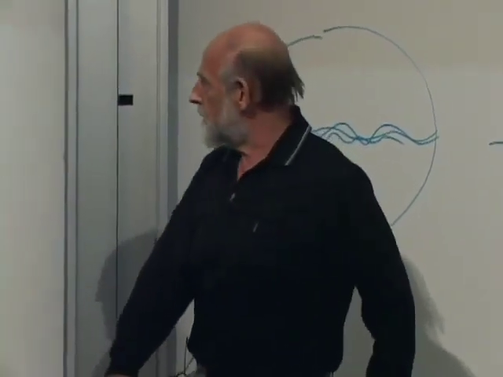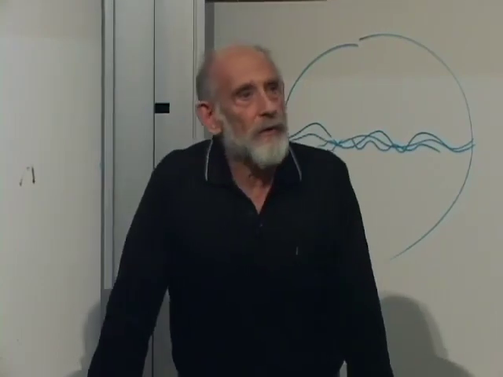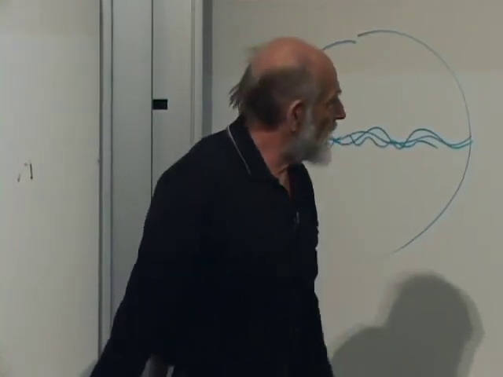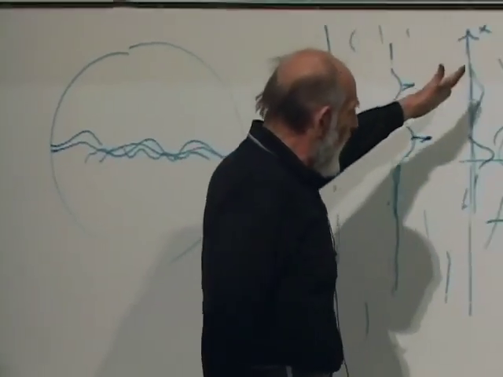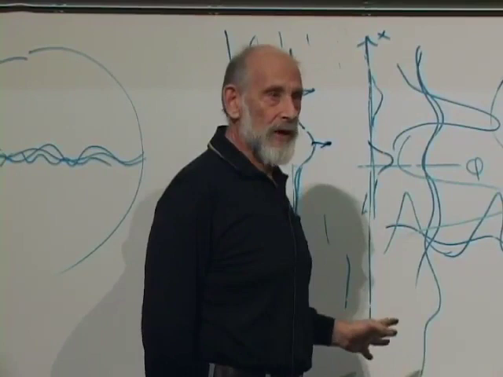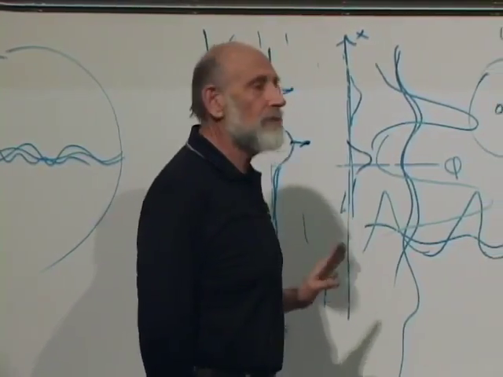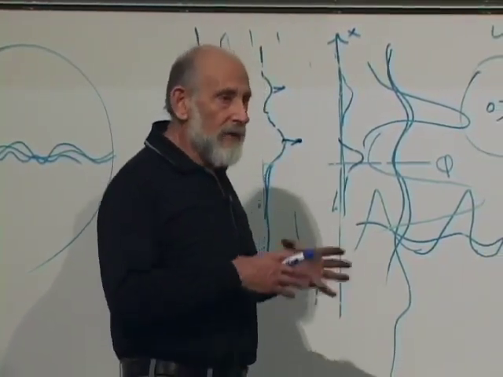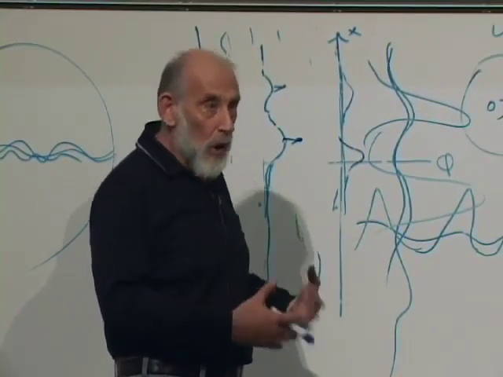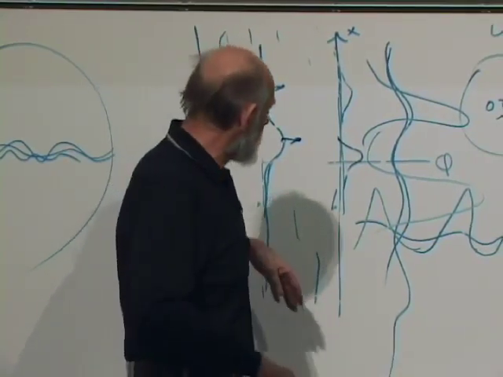So all of this structure evolved for a period of time. Gravity did not become important until after the surface of last scattering. Gravity only became important after the universe cooled down to below the temperature of the surface of the sun.